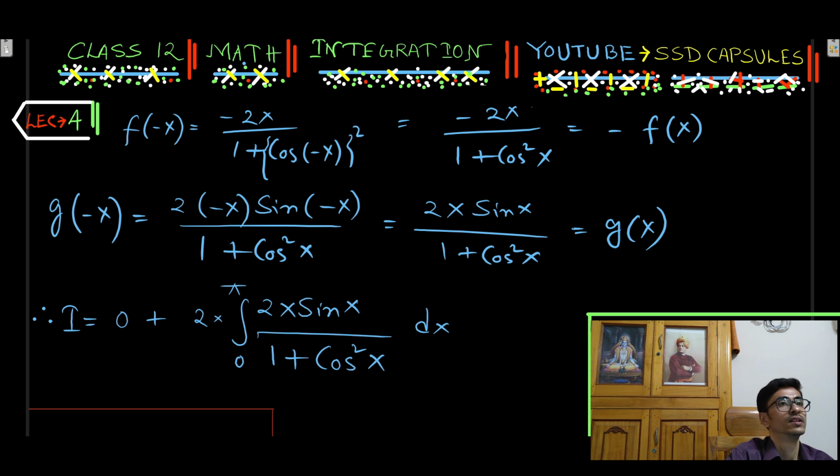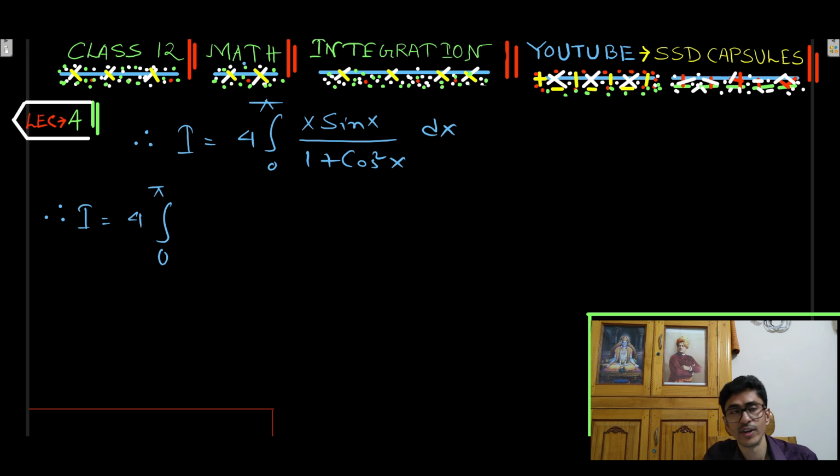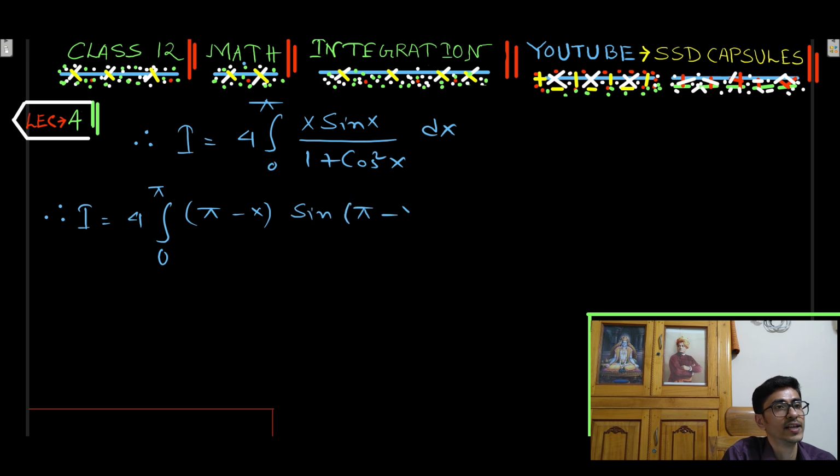Now here we apply another property of definite integral. Guess what? 4 into the integral from 0 to pi of (pi plus 0 minus x) times sine of pi minus x by 1 plus cos square of pi minus x dx.